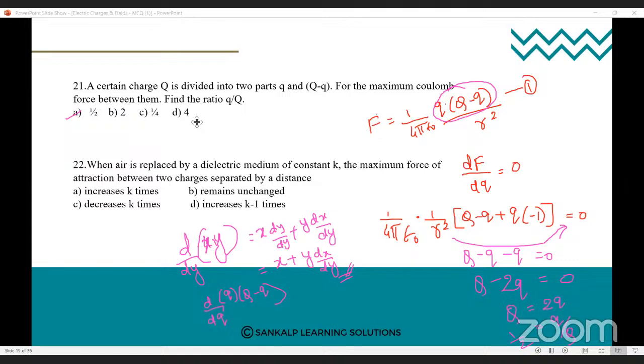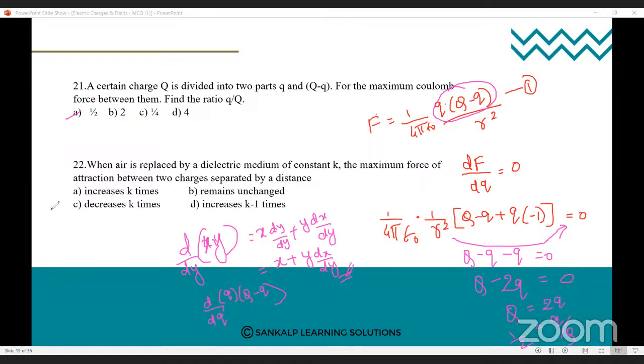Yes, option A, 1/2 is the answer. Go for question number 22. When air is replaced by a dielectric medium of constant K, the maximum force of attraction between two charges separated by a distance. So what does the question say?